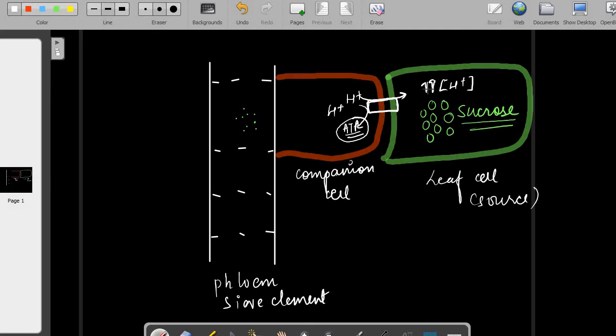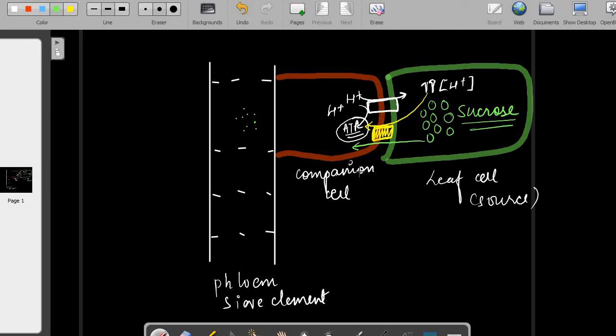Now since the gradient is formed, H plus again needs to come back. So they will come back through co-transporters which are present on the cell membrane of the companion cell. These are the co-transporters. The role of the co-transporter is that, along with the H plus, it will also take sucrose into the companion cell.